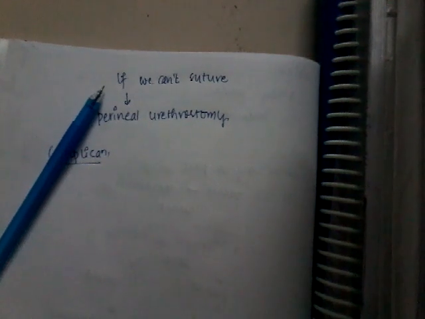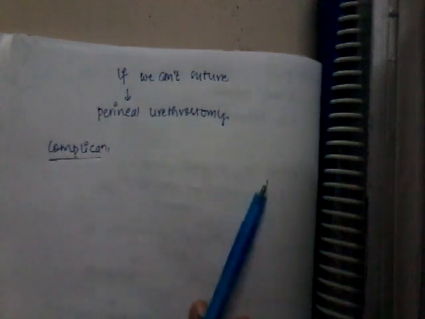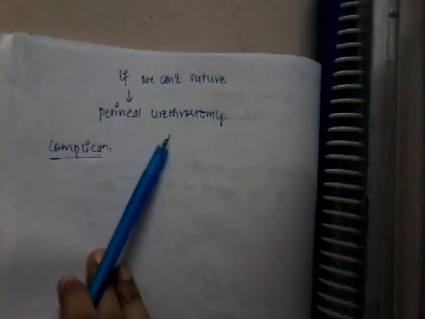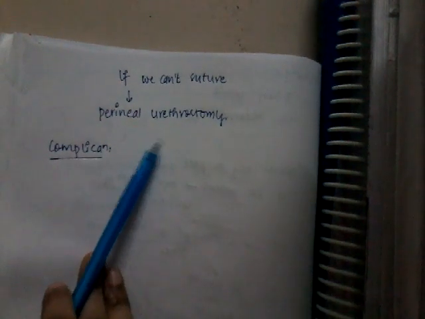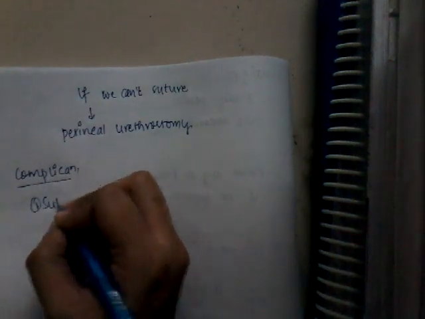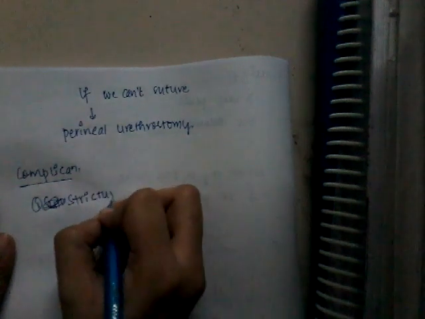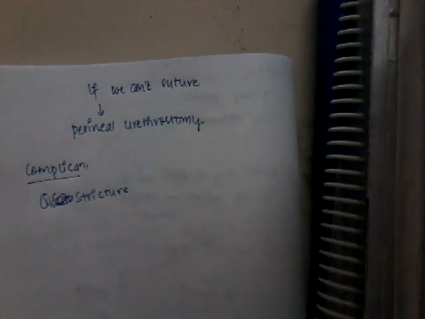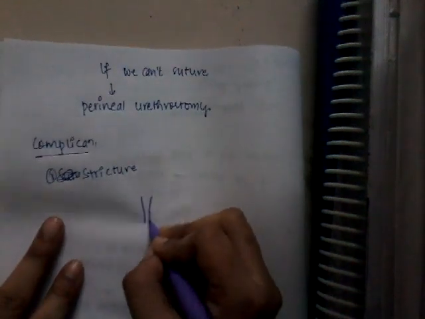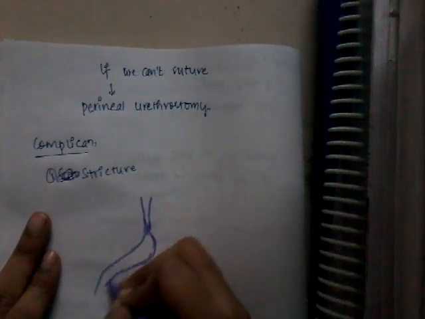We can't ask the patient to heal on its own without a catheter. If we don't keep the catheter, then there is stricture formation at the injury site, and for that you'll have to do stricturoplasty and all the management of stricture. So there is chance of stricture formation.